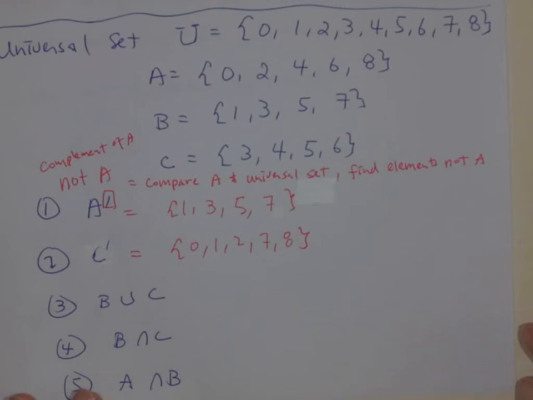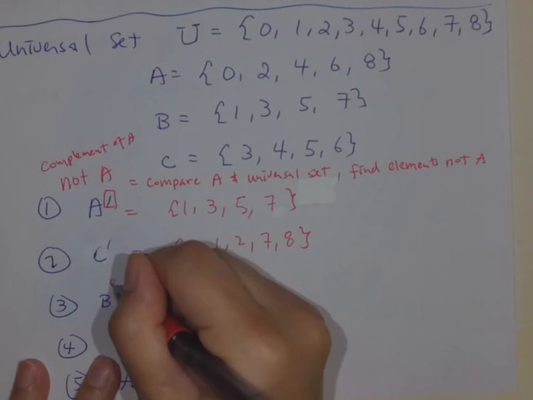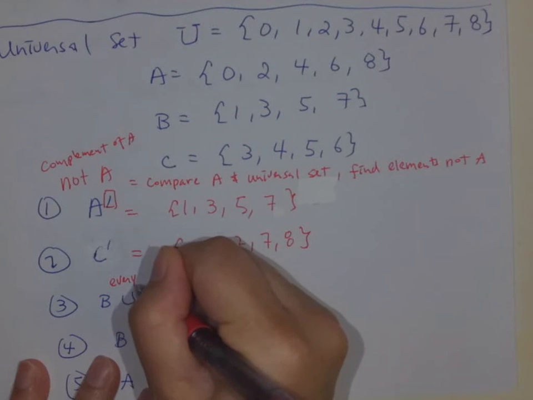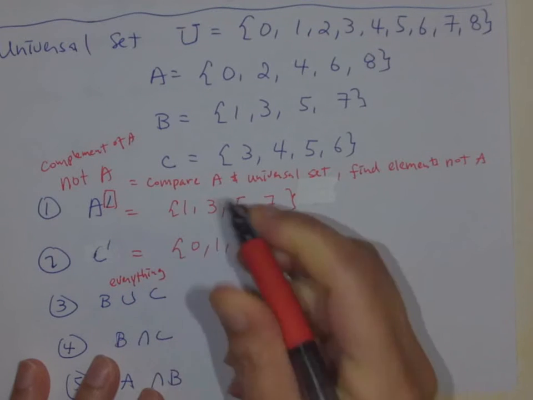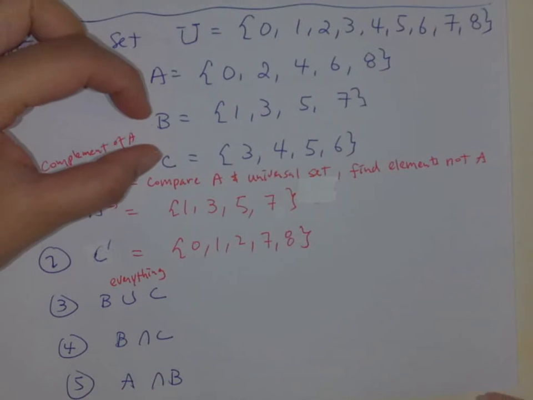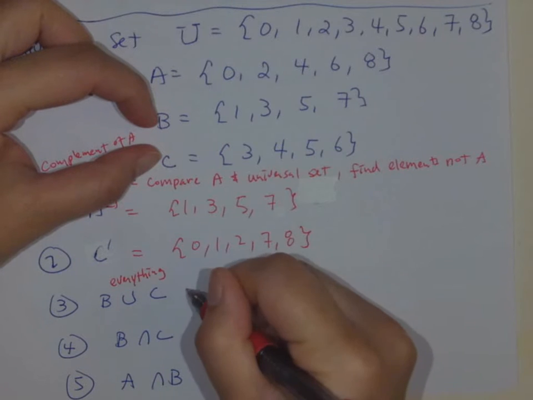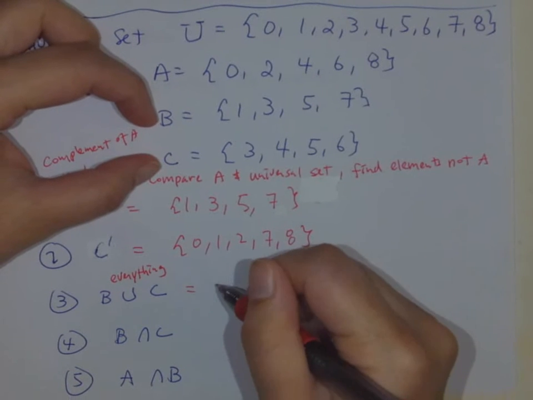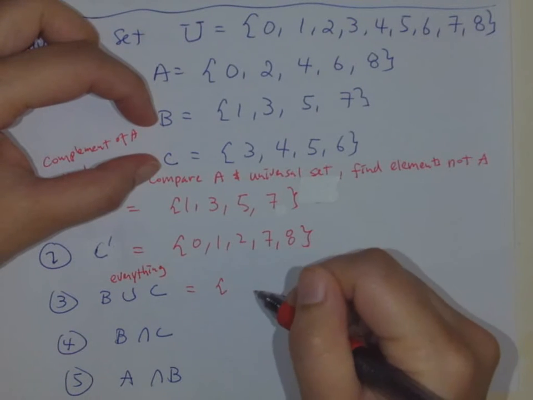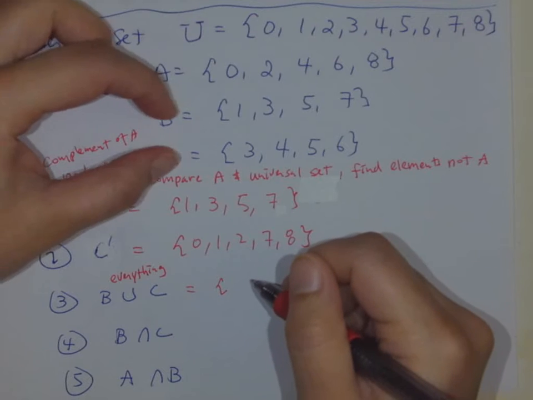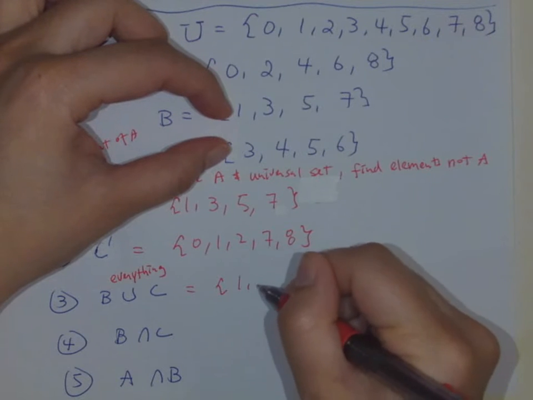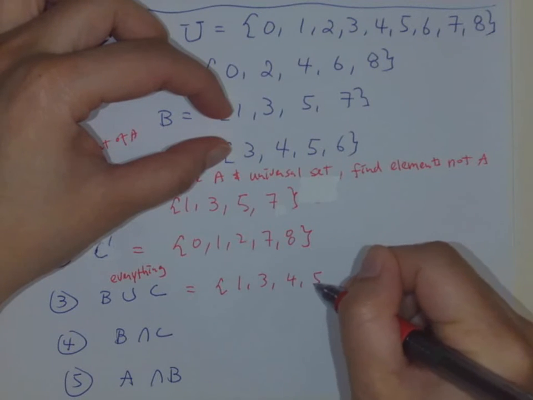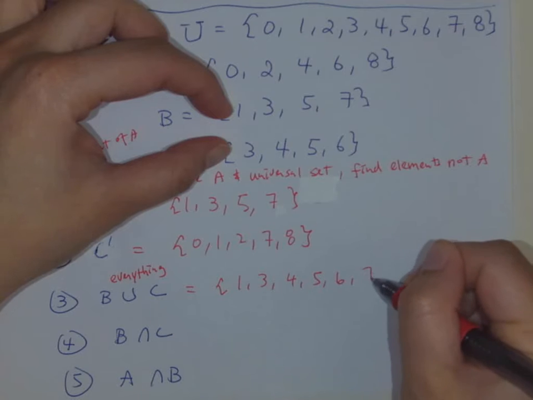Okay, the next one is union. So I want everything between B and C, right? So union is like combining them, anything they have together. Not overlapping, but anything in each one would be my answer. So 1, 3, 4, 5, 6, and 7, right?